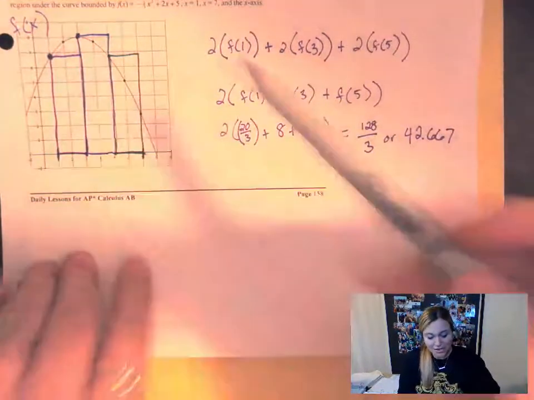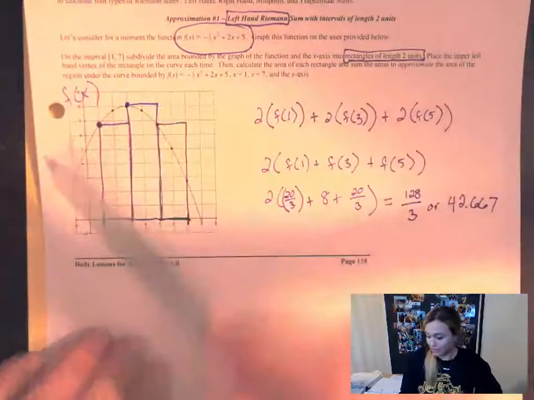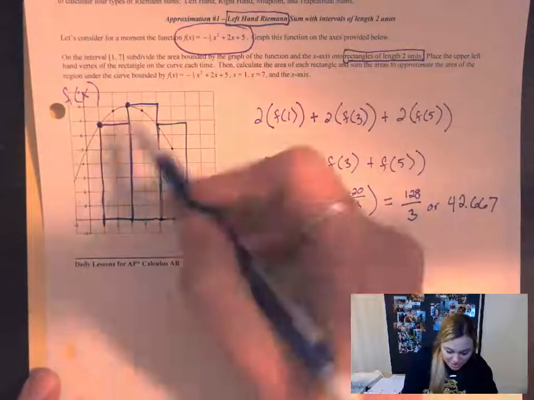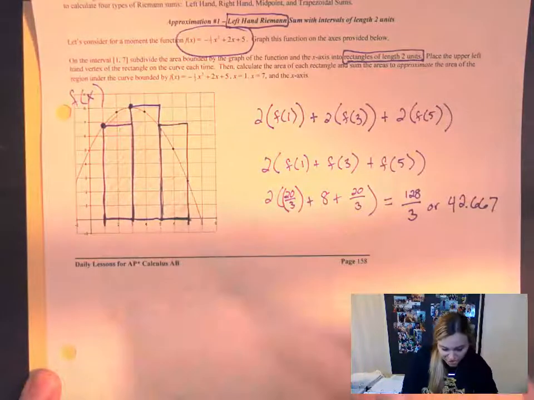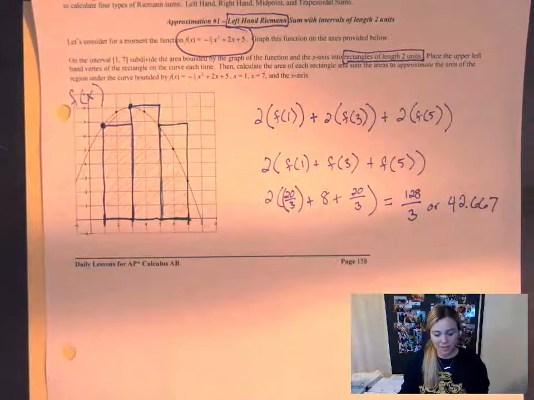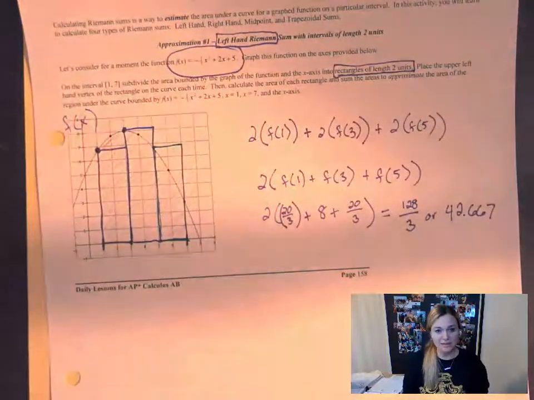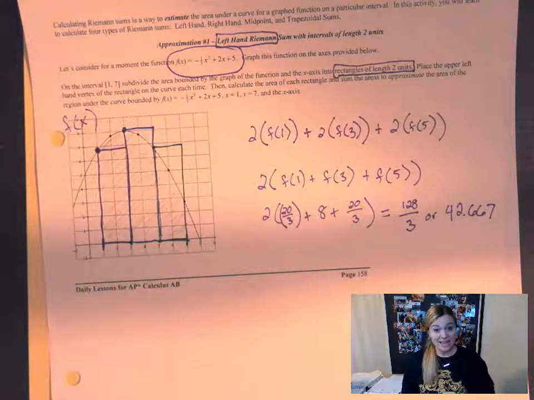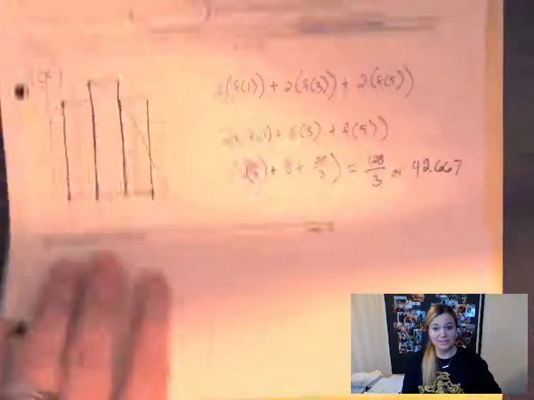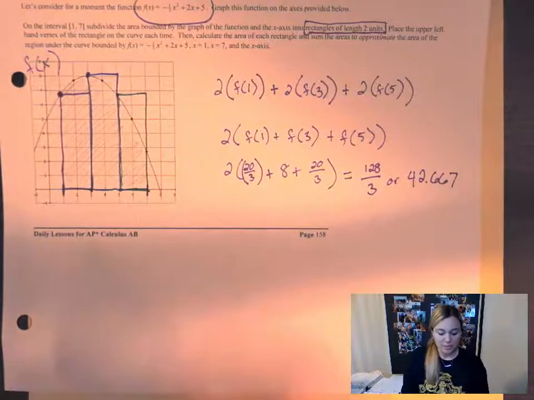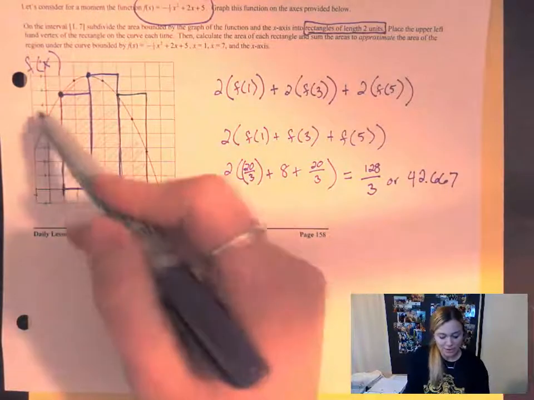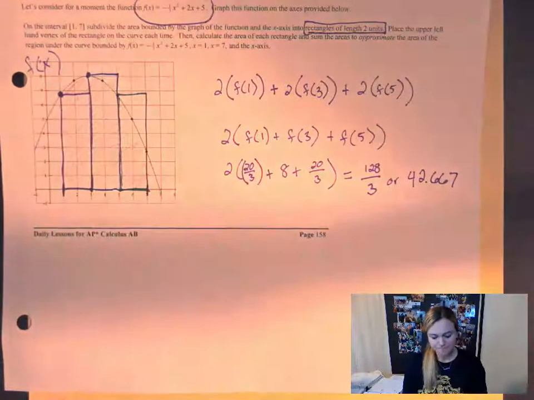So we're trying to take the area under the curve, which I said was just this region. You can see it's a little bit darker right here. And I'm estimating it by doing the area within each of these boxes. And I got an area of 42.667 square units probably. It would be whatever units were down here times whatever units were on the y-axis.